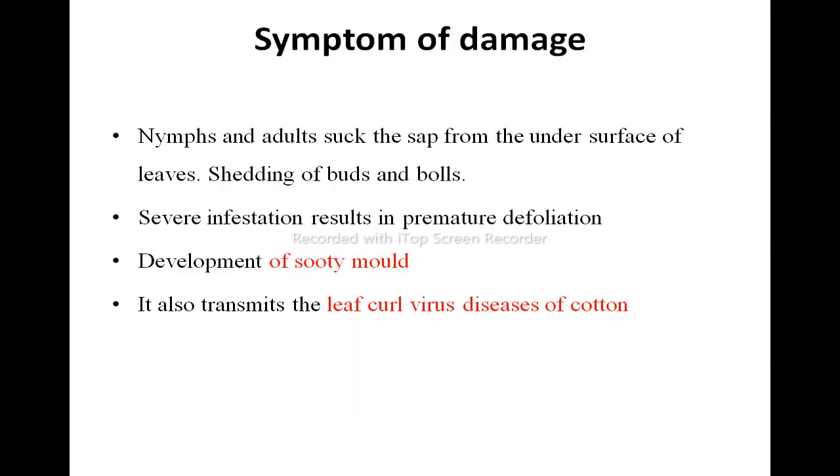Because of that it looks white. Next, symptoms of damage, meaning which type of symptoms we can see on the cotton crop that is attacked by the whitefly. First symptom, the nymph and the adult suck the sap. As I told you, the hemipterans bear the stylet, and the stylet is a modification of the mandible and maxilla that is used only to suck the sap, or we can say juice, from the plant system.